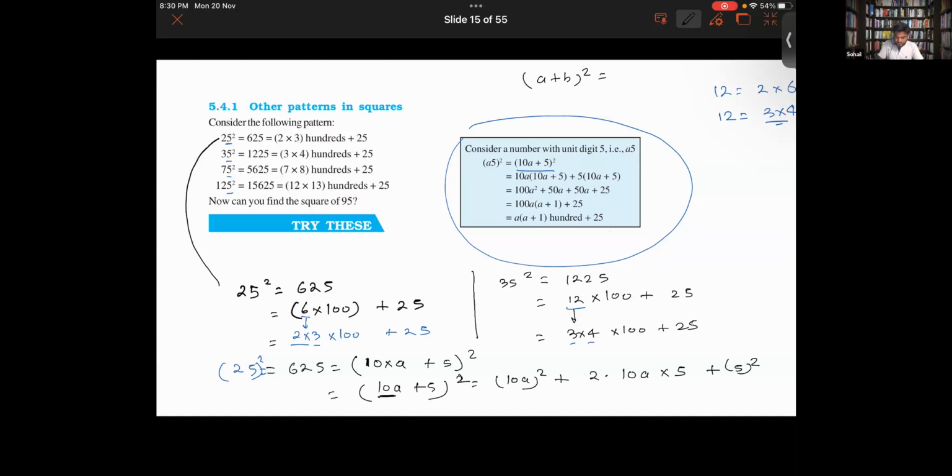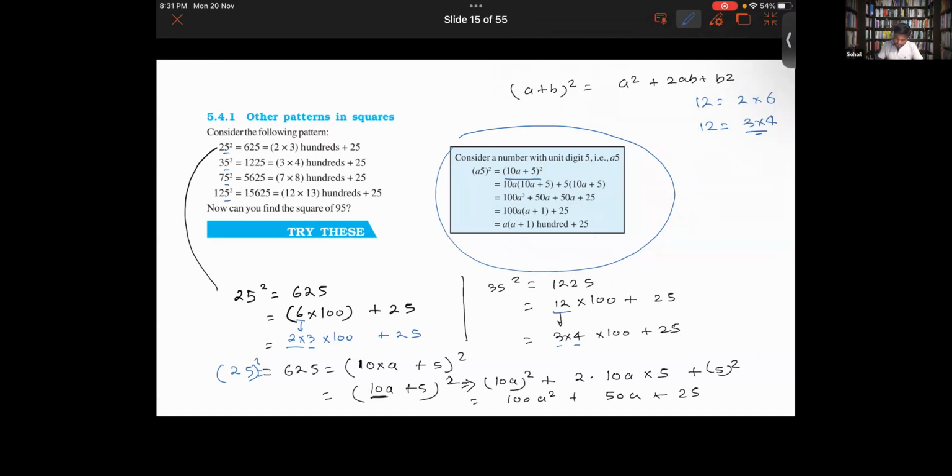If someone is unaware of this, just know (a plus b) whole square equals a square plus 2ab plus b square. So I can write it in this manner. (10a) square will be 100a square, plus this will be 100a... sorry, 2 times 10a times 5 is 100a, plus this will be 25. Later on, can I write this as follows? Look over here.